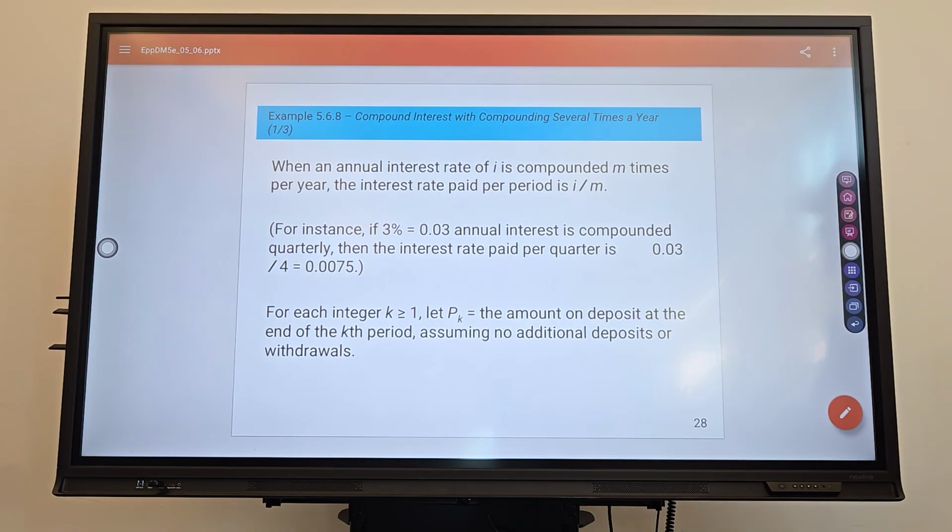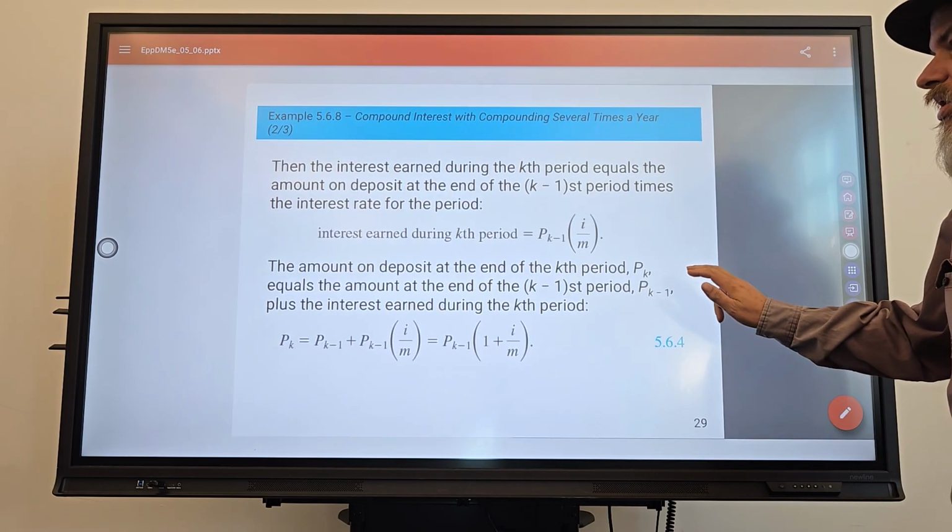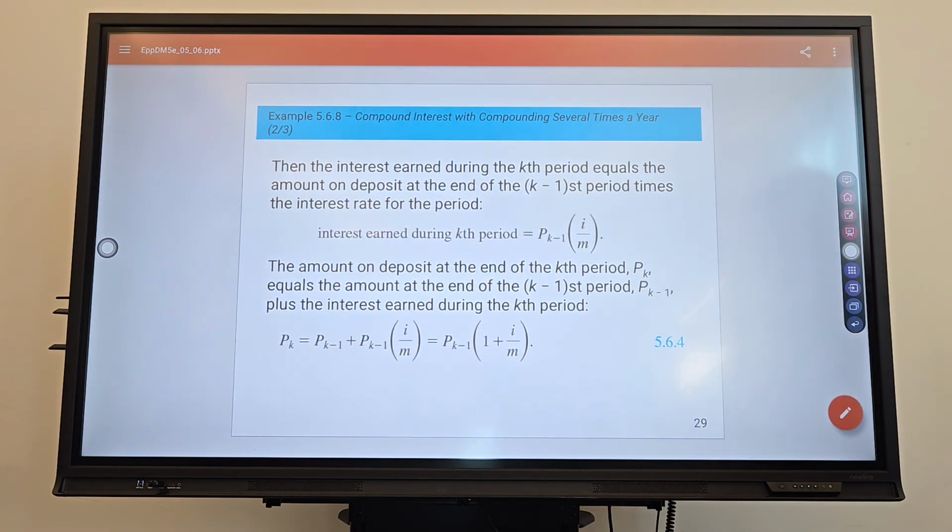For each integer k greater than or equal to 1, let P_k be the amount on deposit at the end of the kth period, assuming no additional deposits or withdrawals. Then the interest earned during the kth period equals the amount on deposit at the end of the (k minus 1)th period times the interest rate for the period.